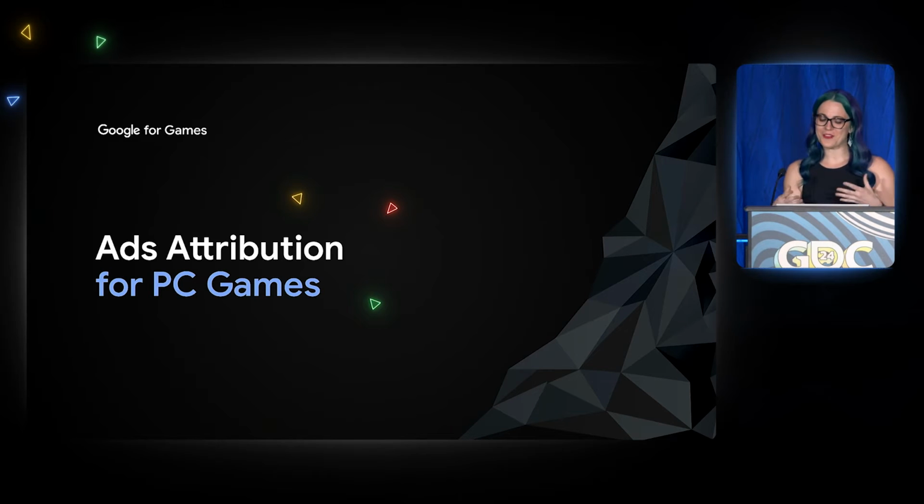But what we provide right now for Google Play Games on PC specifically is a way to look at those top-of-funnel events. Things like the ad impression or the click for the campaign that you're running. But Google Play Games on PC to date has not been able to provide a way for game developers to really attribute deep conversions. Like if someone goes to our shop on the web and installs the game, it would be really great to know about that so that you could then try to find more people like that.